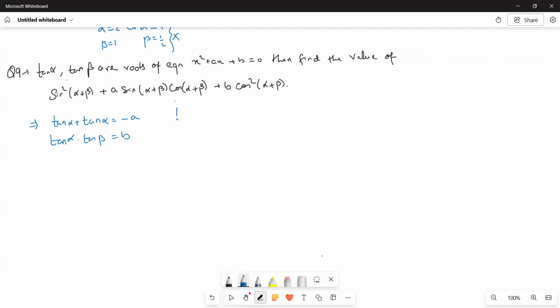So that means tan of alpha plus beta, now the formula for this is tan alpha plus tan beta by 1 minus tan alpha tan beta, so tan alpha plus tan beta हो गया minus a divided by 1 minus b. This will end up becoming a by b minus 1.